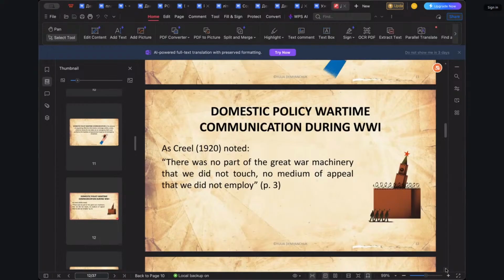Historical experience confirms the importance of an established system of communication between the state and society during wartime, but also demonstrates its reverse side.